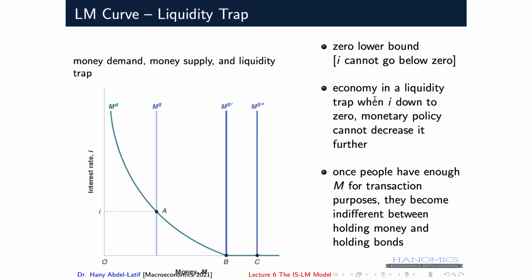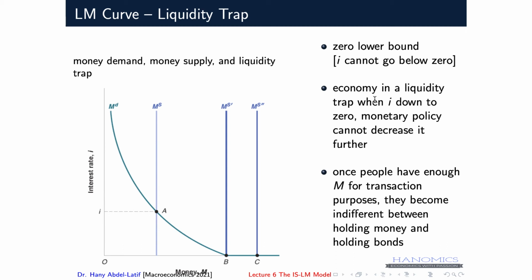As the interest rate becomes equal to zero, people want to hold an amount of money at least equal to the distance from O to B. This is basically to cover the need for transaction purposes, but they are also willing to hold more money, and again that means fewer bonds, because they become indifferent between money and bonds.